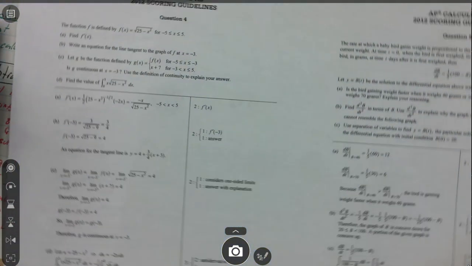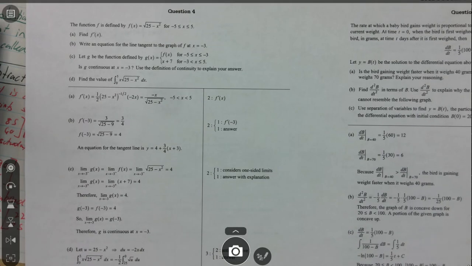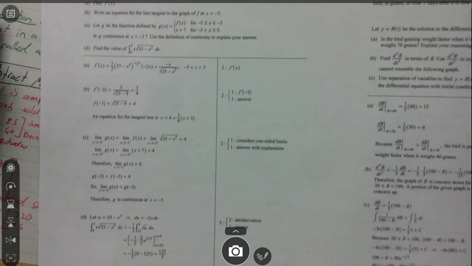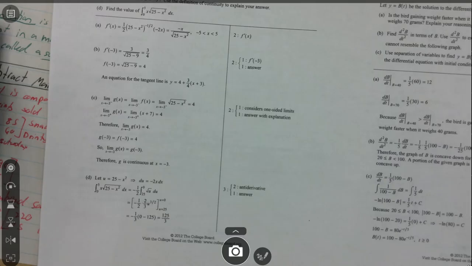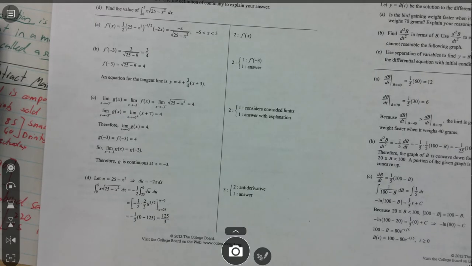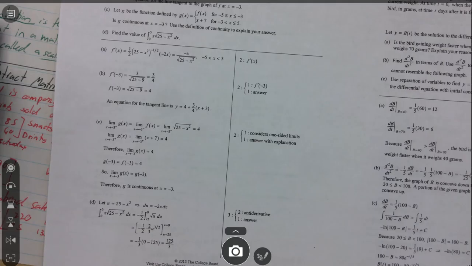Okay, number 4. I think we've all seen a problem very close to this before. Yes. Okay. The function f is defined by this integral from -5 to 5. When you see this, what do you think about?